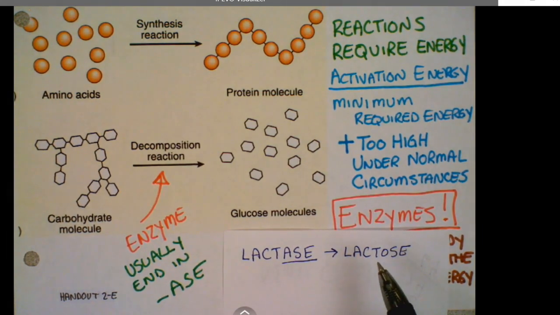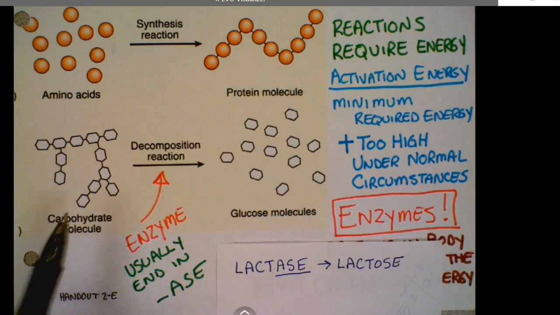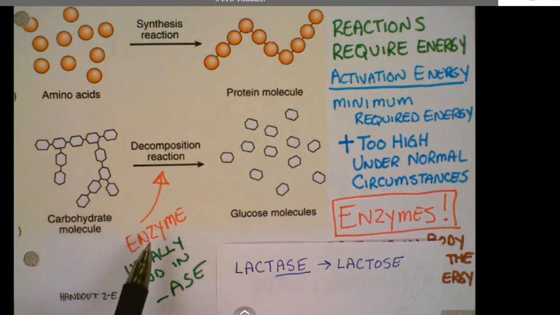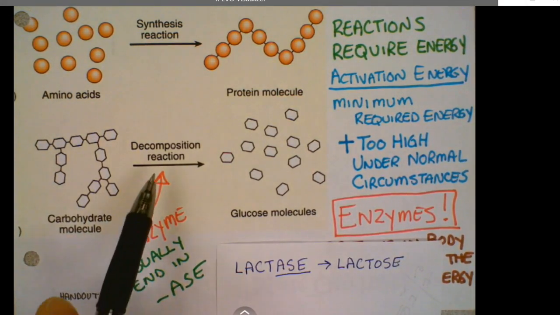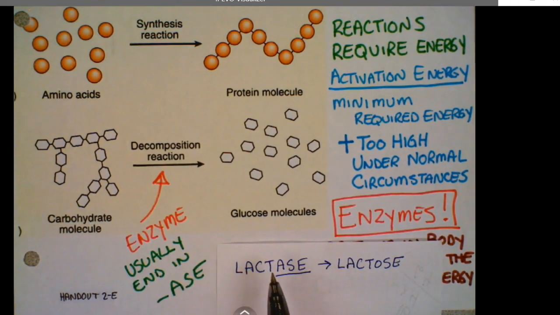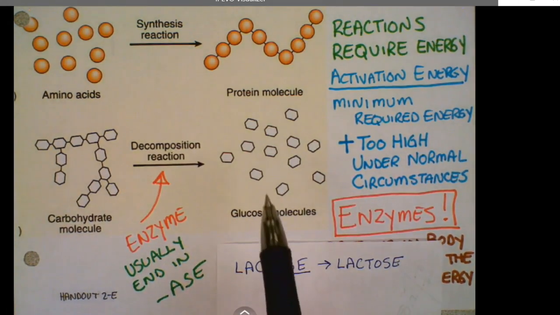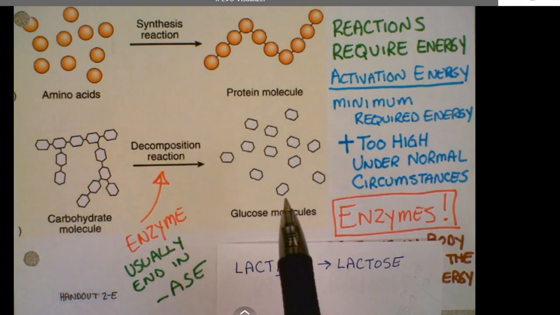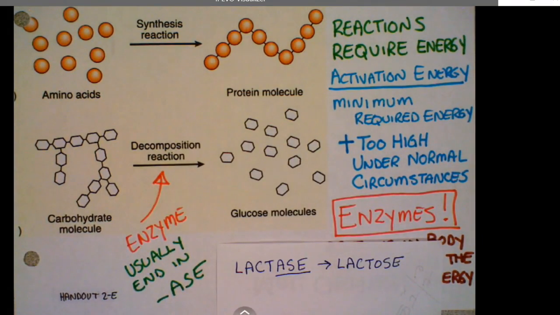And when we eat it, we have this lactose sugar. This lactose sugar is then broken down by this enzyme called lactase. And we can break down that lactose sugar into smaller pieces. Now, you've probably heard, or maybe you even are, lactose intolerant.